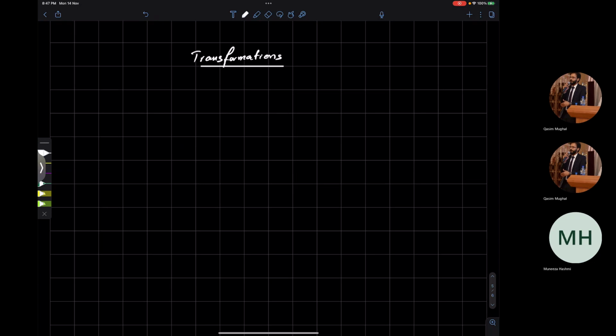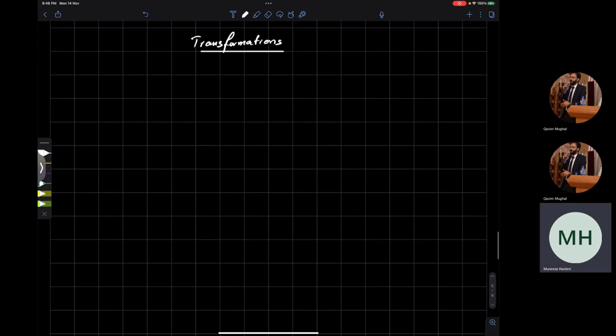So it will require you to recall the concepts of transformation from your IGCSE. In your IGCSE, you did the transformation of geometrical shapes. Over here, you will be doing the transformation of the curves of the graphs. Now, there are three different types of transformation when it comes to graphs.